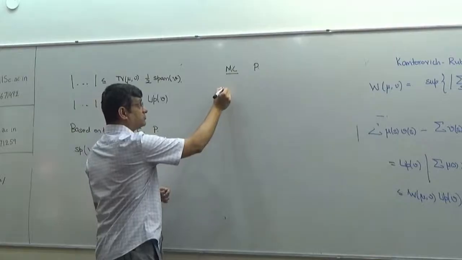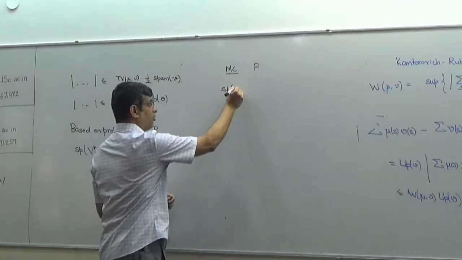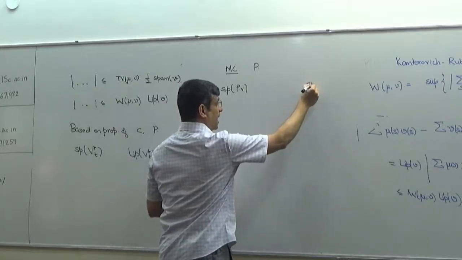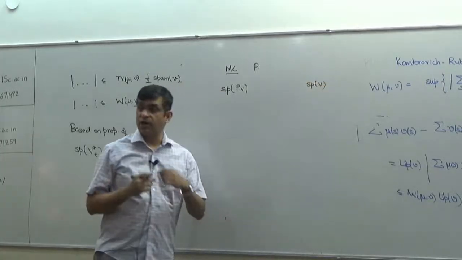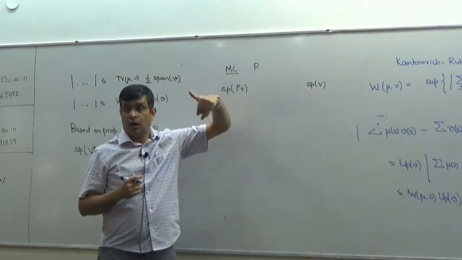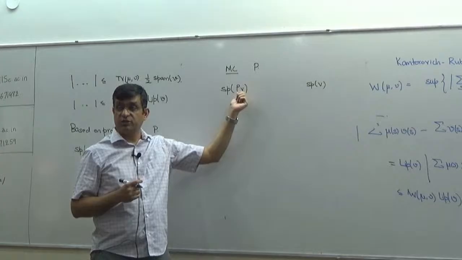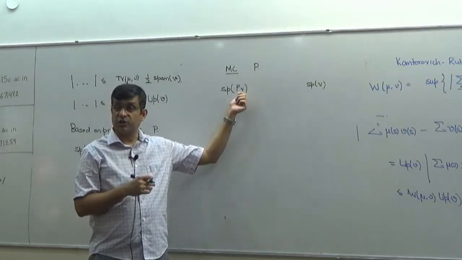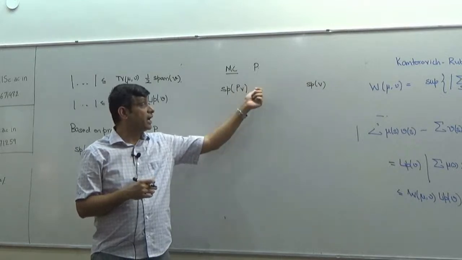Can I say what happens to the span of PV in terms of the span of V? Is there some relationship between the span of a function and what happens when I pass that function through the Markov chain? So, I do the averaging of that function by multiplying with respect to the transition probabilities of the Markov chain. Can I say something on what happens?